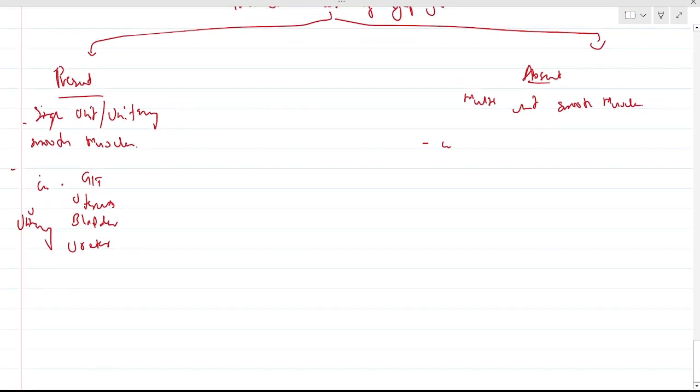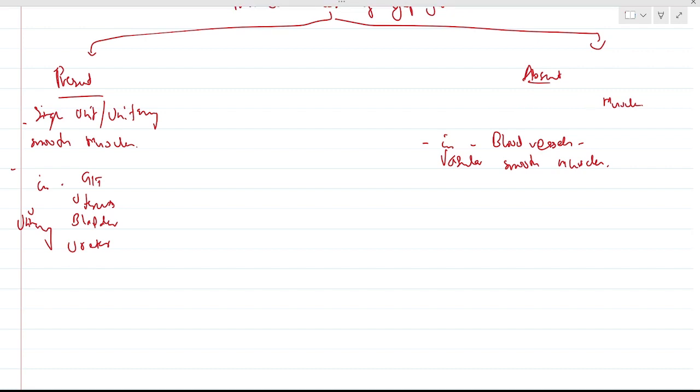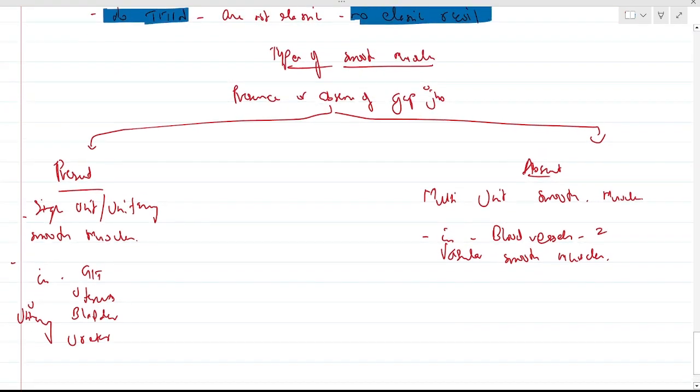These are present in blood vessels. Vascular smooth muscles are multi-unit smooth muscles. Okay, these are the types of smooth muscles based on presence or absence of gap junctions.